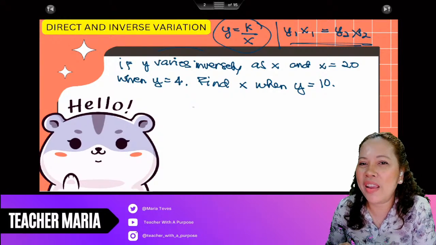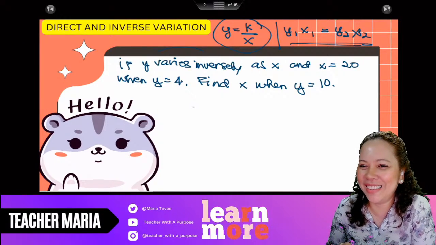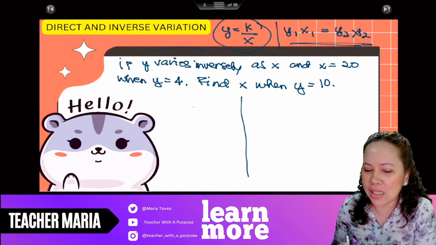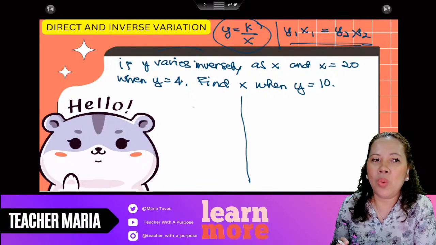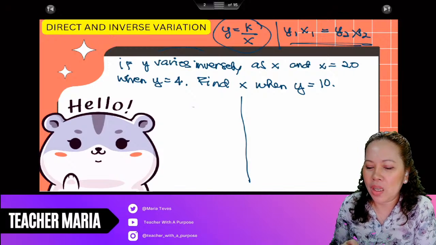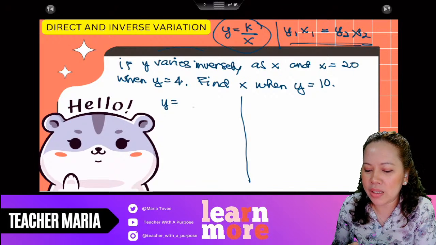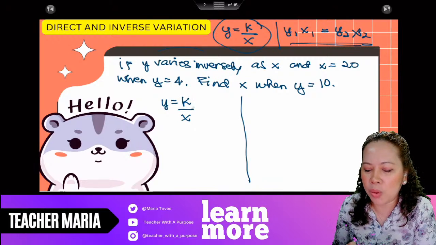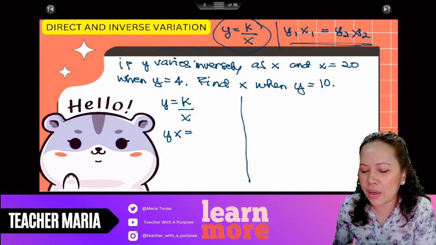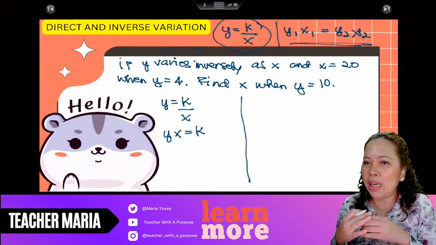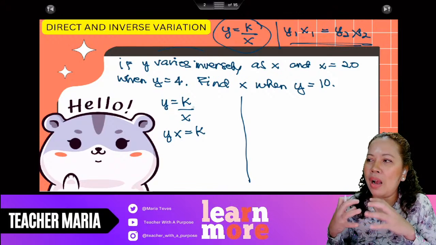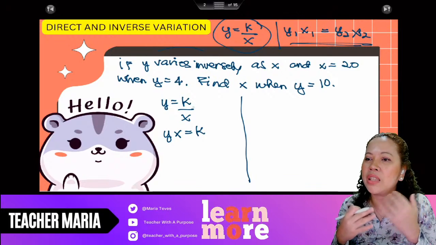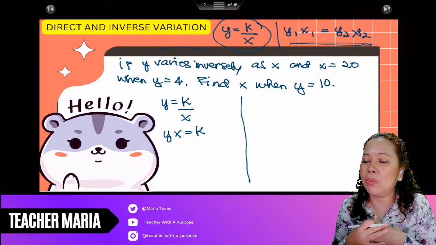It's just y varies inversely as x, and we will do the two things as well. The same thing, we'll have both together. So you have y equals k over x. Rearranging your formula, you'll have yx equals k. When you have your x in the denominator and move it to the other side of your equation, it will be multiplied.